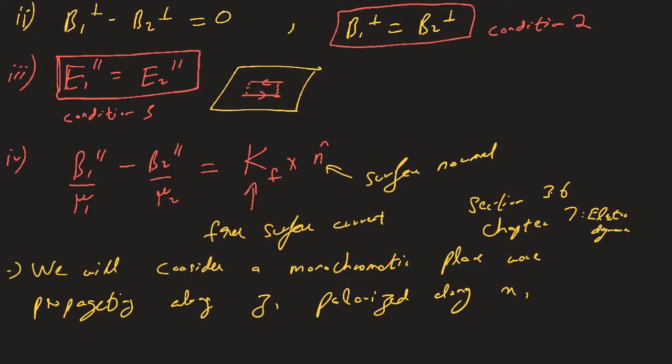And so obviously it's incident normally at the interface, right? I mean, once I specified the direction of propagation and once I specified the polarization, it was pretty obvious that it's incident normally, right?